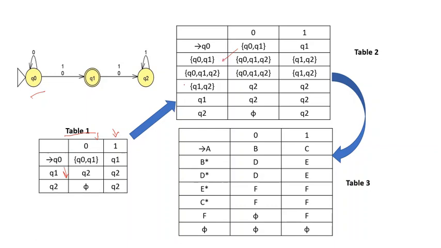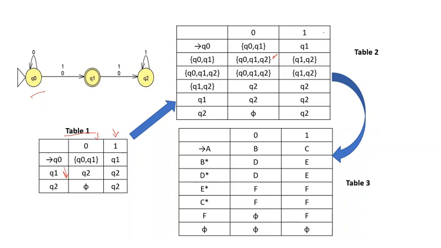For Q0 Q1, we have to see what the possible set of states is for input 0. Q0 taking 0 goes to Q0 Q1, and Q1 taking 0 goes to Q2, so a new state is generated: Q0 Q1 Q2.